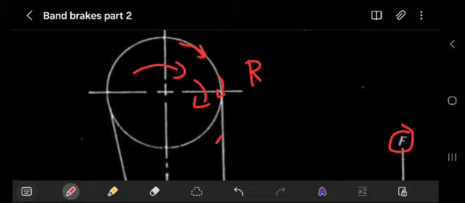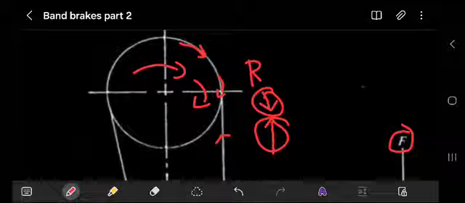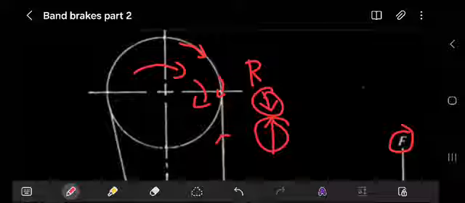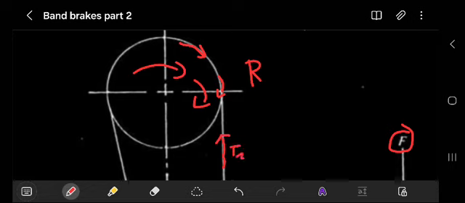Here we'll have T2 opposing, acting opposite to the rotation. Then this is supposed to be T2. Then T1, guys, like this.